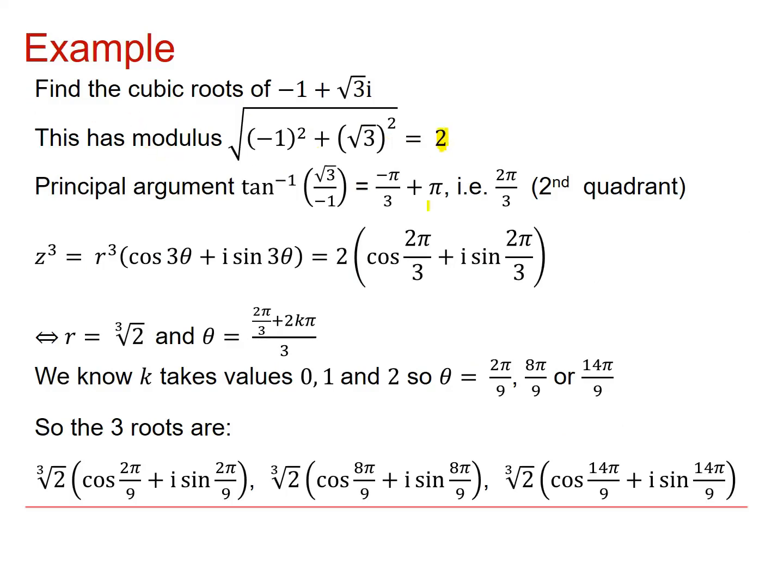There's the modulus of our complex number and its argument. And there's the equation written up with z in mod arg form and our complex number in modulus argument form. There's my values for r and for theta. And so if I look at the values for k, that gives me those values for theta, and therefore these values for my final result.